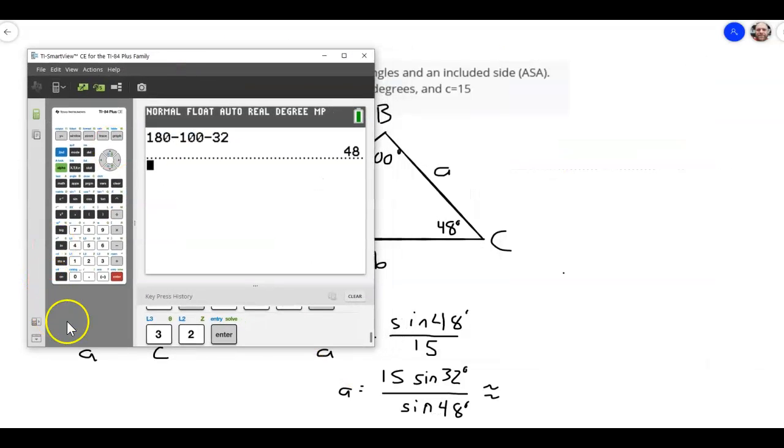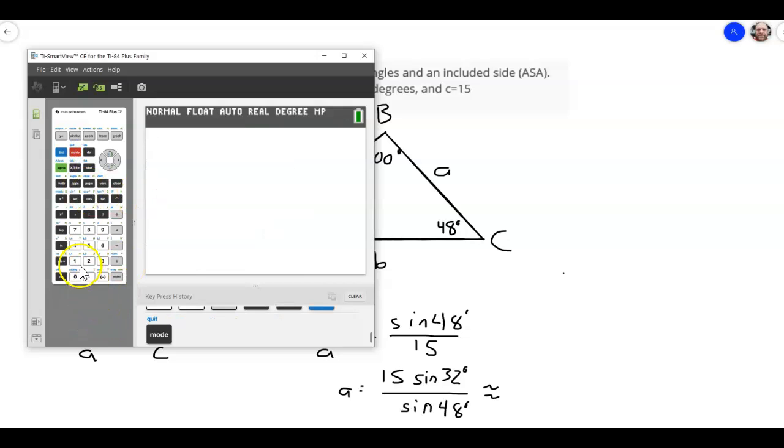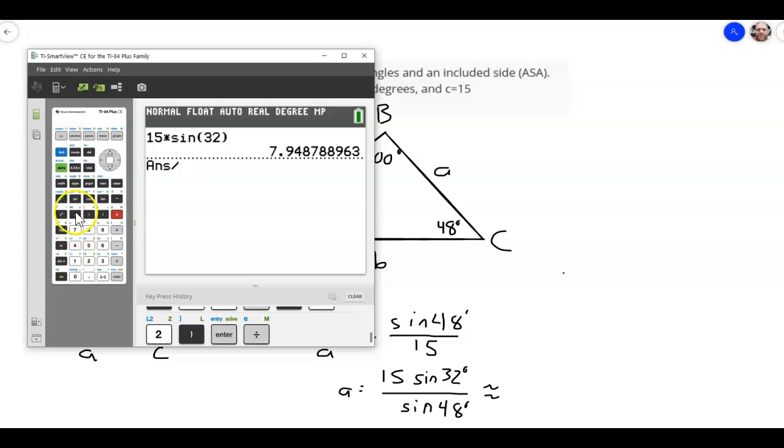And that's going to be approximately, we'll need our calculator for that. So 15, let me first make sure I'm in degrees, which I am. So 15 times the sine of 32 degrees, divided by the sine of 48 degrees.